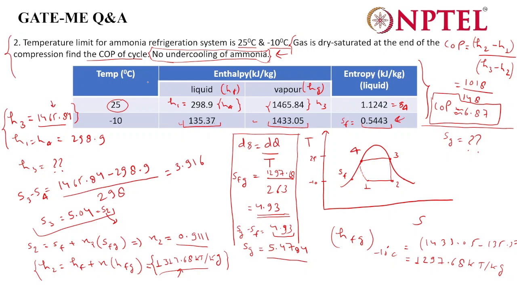If you are given less data, you have to know how to calculate the rest. Here only the entropy of liquid is given, but you have to find the entropy of the saturated vapor. We know the latent heat, the difference between saturated vapor and saturated liquid, and we divide it by the saturation temperature. That gives SFG, and since SF is given, we have calculated SG.